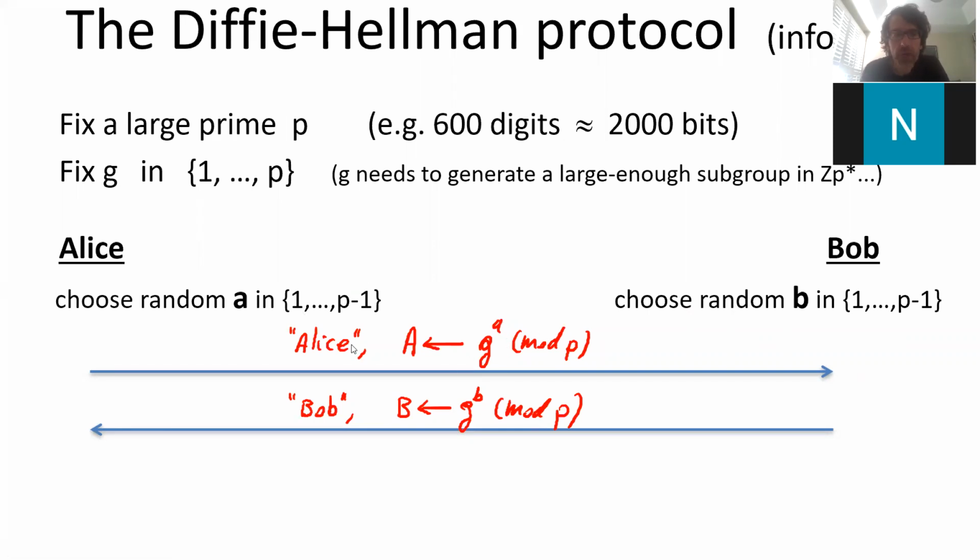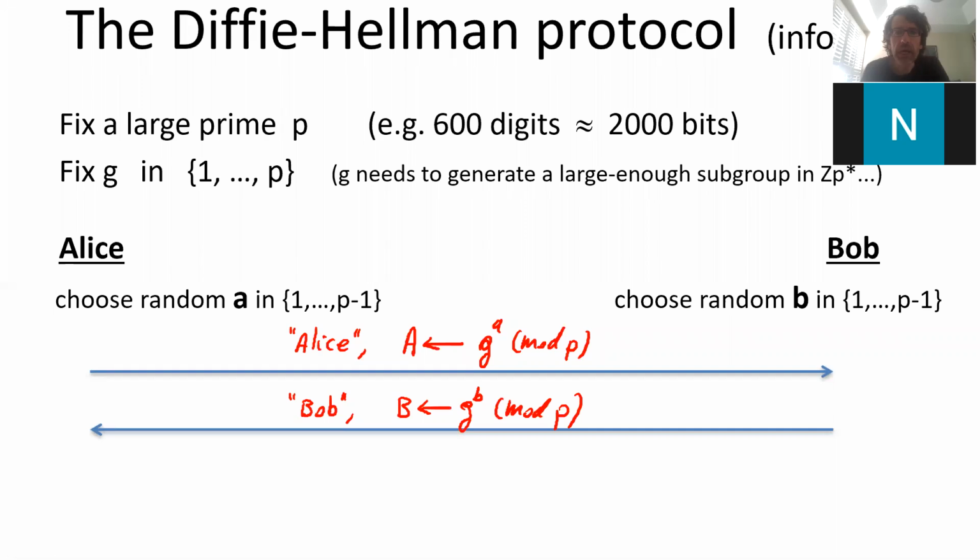Okay, so G is the generator of a multiplicative group mod P. It's a cyclic group. So if P is a prime, there exist integers in the set such that if you look at their consecutive powers mod P, G squared, G cubed, G to the fourth, etc., they are going to fill up this set.